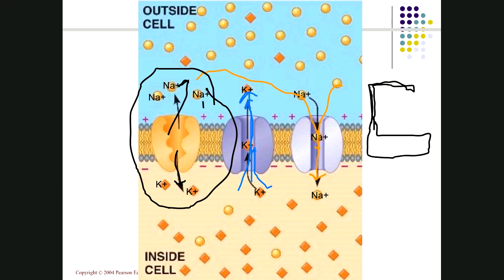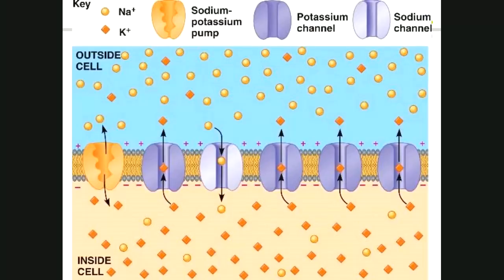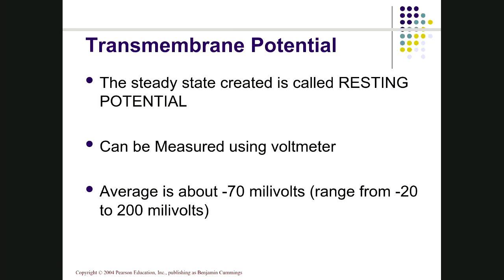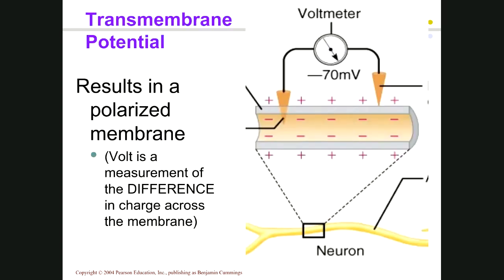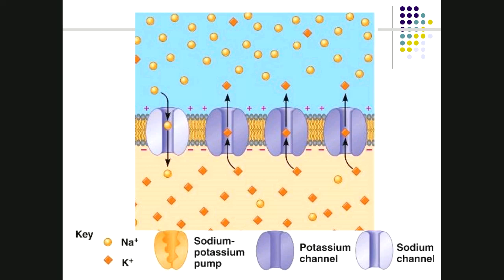So if we look at the level of sodium and we look at the level of potassium on the 2 sides of the cell, they don't really change. And so if we look at what those levels look like, they look like this.